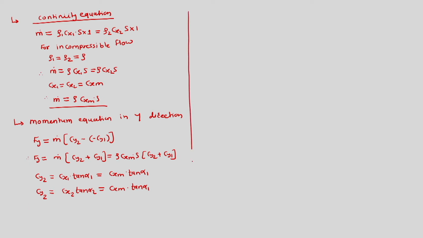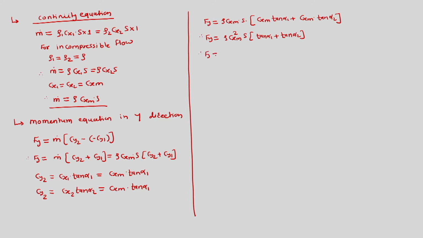Putting this in the expression for momentum, we get Fy equal to rho Cxm into S into Cxm tan alpha 1 plus Cxm tan alpha 2. So, Fy is equal to rho Cxm square into S into tan alpha 1 plus tan alpha 2.